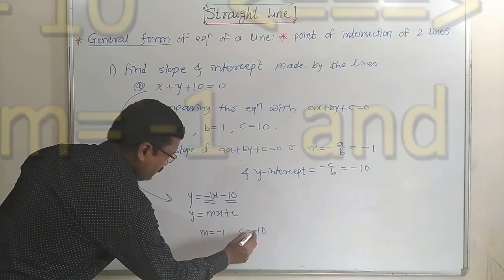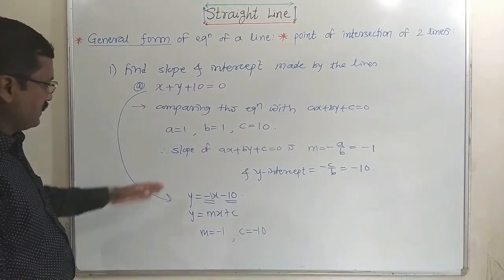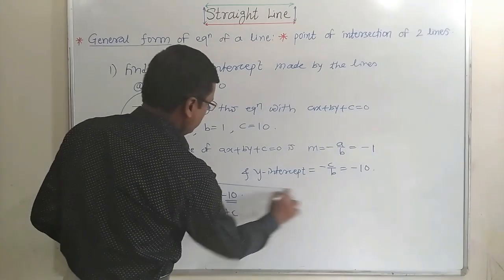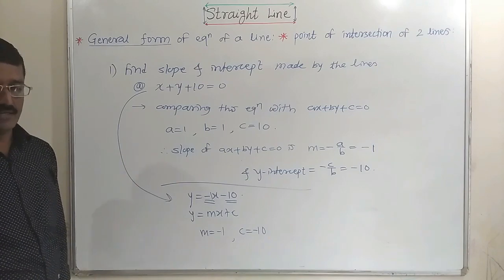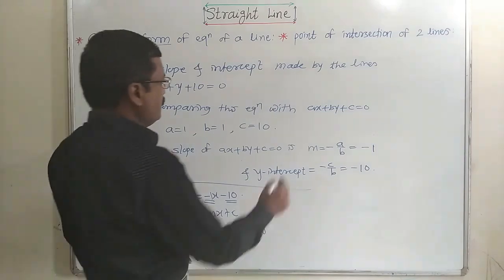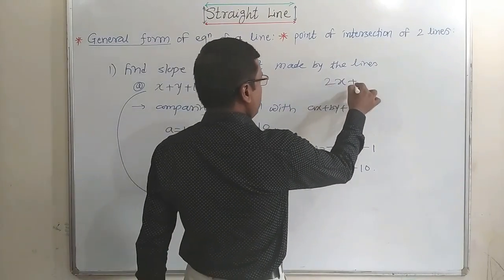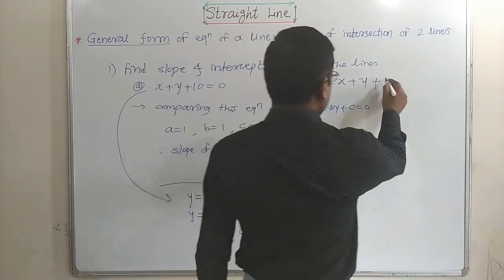So this is another way to find slope and intercept of the given line. Okay, these are the two alternative methods that you can use to find slope and intercept made by the lines. So if another equation is given, for instance, let us suppose 2x plus y plus 30 equal to 0.